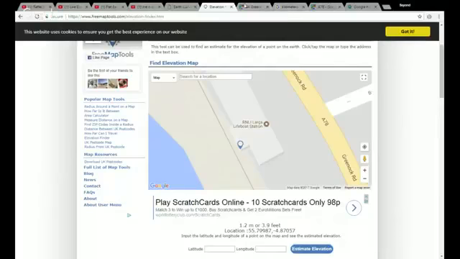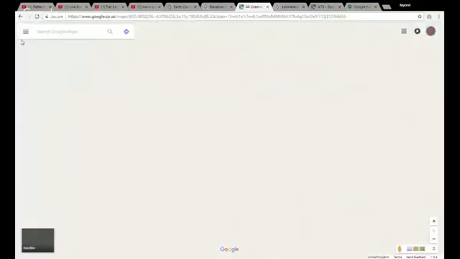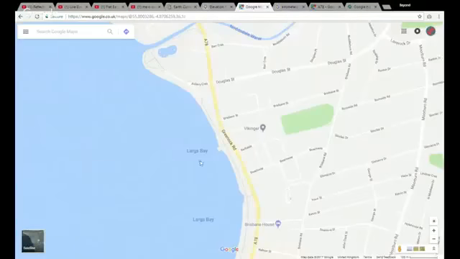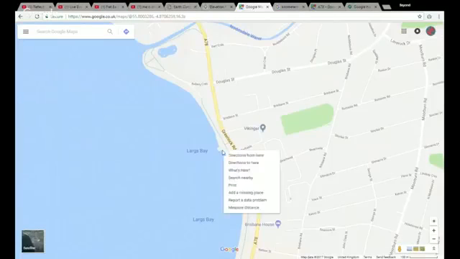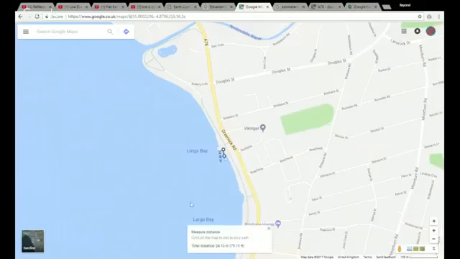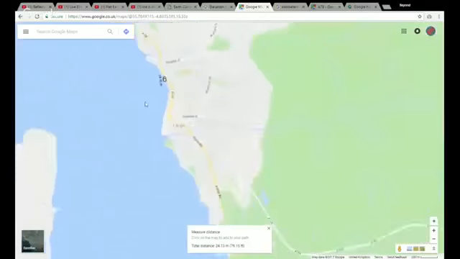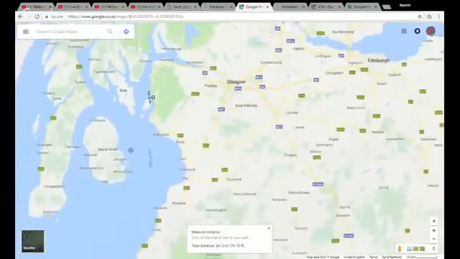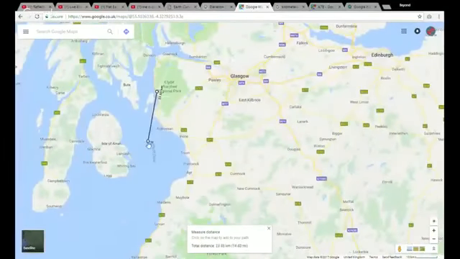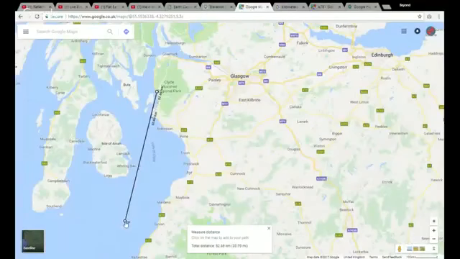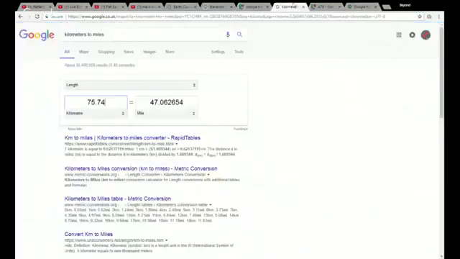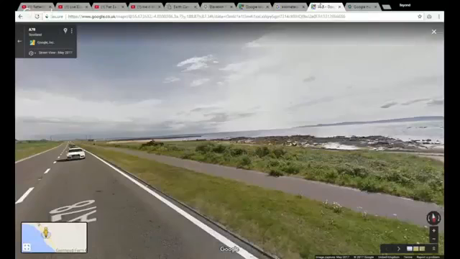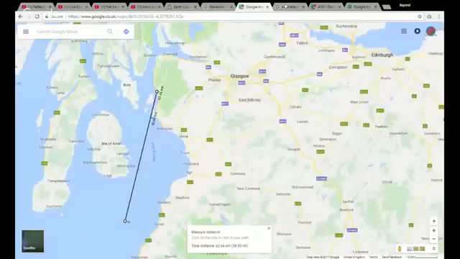Now, distance. There we are, 62.66 this time, so it's kilometres. 62.66.